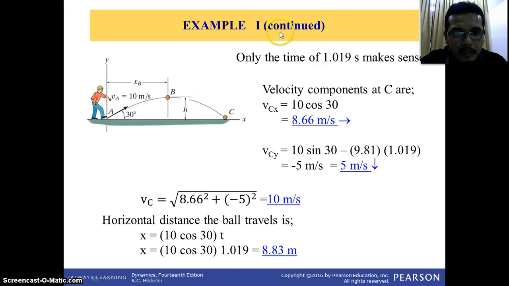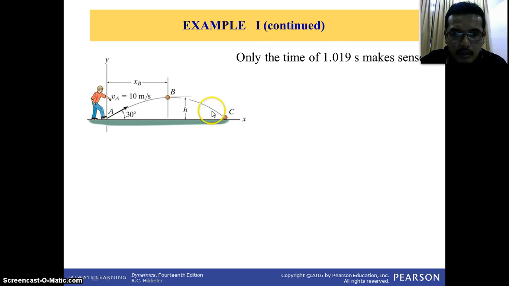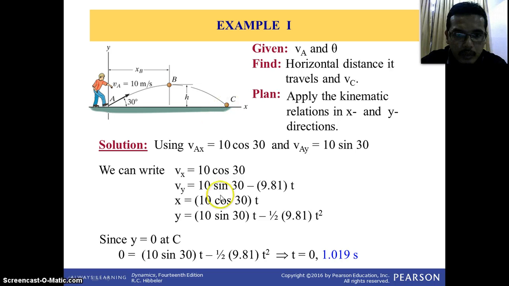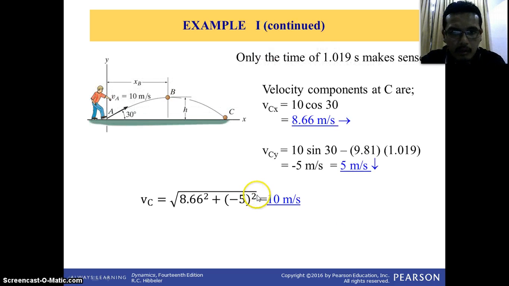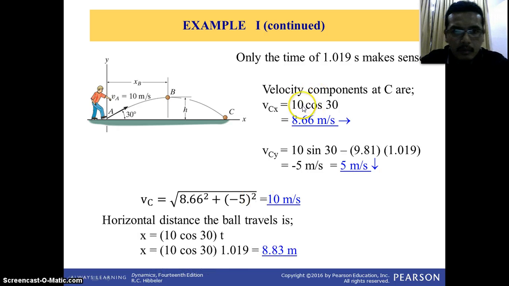So we have already found the time taken to reach point C. Now we need to find the velocity at point C. We need to find the velocity components at C here.